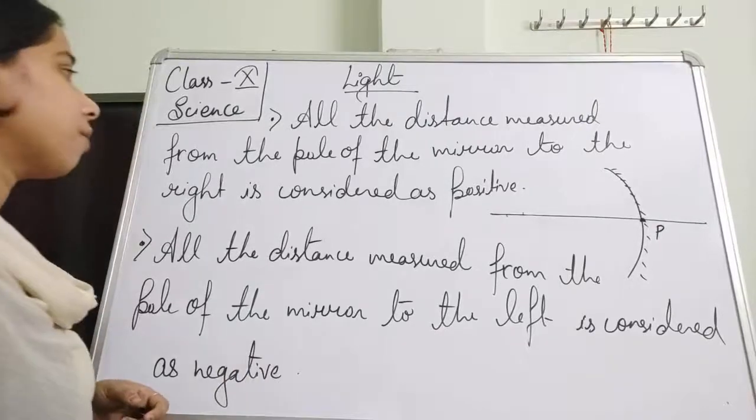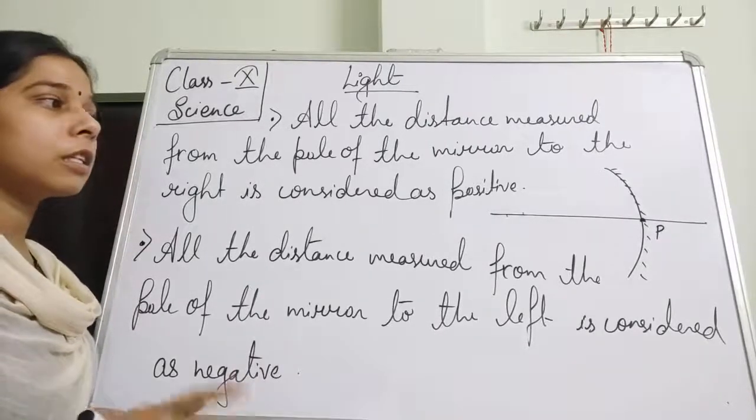So all the distances measured from the pole of the mirror to the right side are considered as positive.